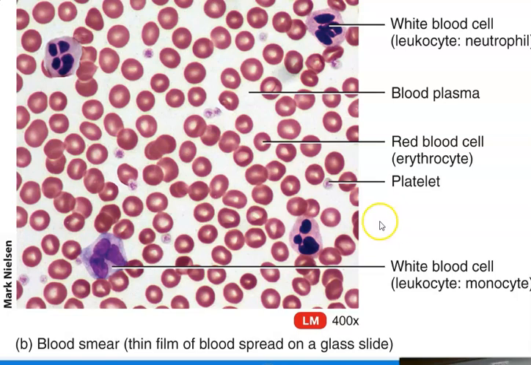Our model doesn't look like a disc-shaped structure, but they don't have a nucleus either. The primary function of platelets is to form blood clots, to help clot our blood. It says it helps repair slightly damaged blood vessels by forming a platelet plug and promoting blood clotting. Platelet lifespan is very short, anywhere from 5 to 9 days.